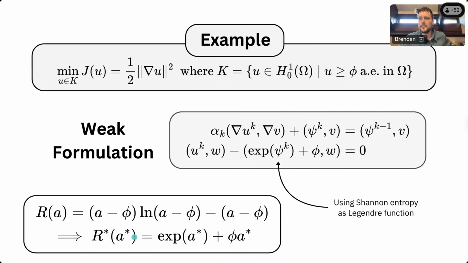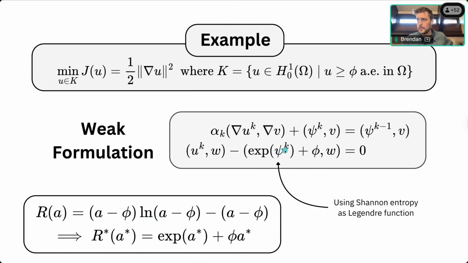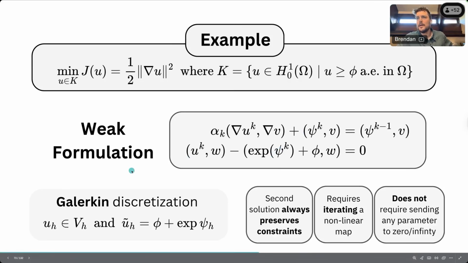And if you use the Shannon entropy, you end up getting the exponential of this variable psi here. And that's your system of equations that you can discretize. Now, because of time, let me say one more thing before I move on. When you discretize this, you get two variables.